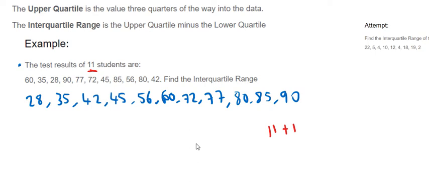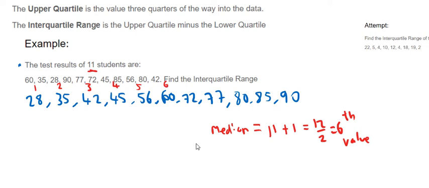So 11 plus 1 is 12, and if I divide that by 2, it's 6. So therefore the median is the 6th value. So 28 is the first, second, third, fourth, fifth, sixth. So I can see there 60 is the median.